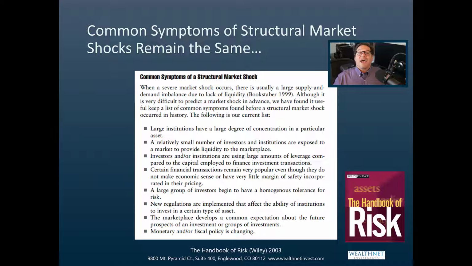So if we have some regulation that comes into existence that's really going to affect a certain asset class, that could immediately have an impact and a market shock could be exacerbated. Okay, the marketplace develops a common expectation about the future prospects of an investment or a group of investments. All right, it's a very similar concept, but if everybody is thinking X, then X is probably not going to happen because everybody's already moved their money in that direction.